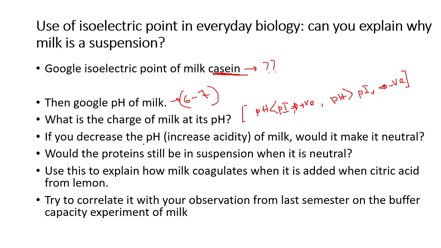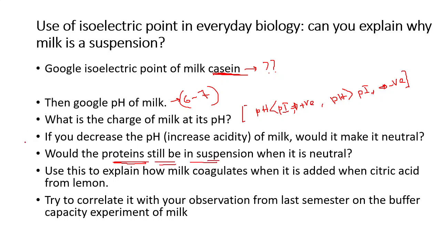When you decrease the pH, that is, increase the acidity of the milk, would it make it neutral? What do you think? When the pH reaches the isoelectric point and the suspension becomes neutral, would the proteins still be in suspension?